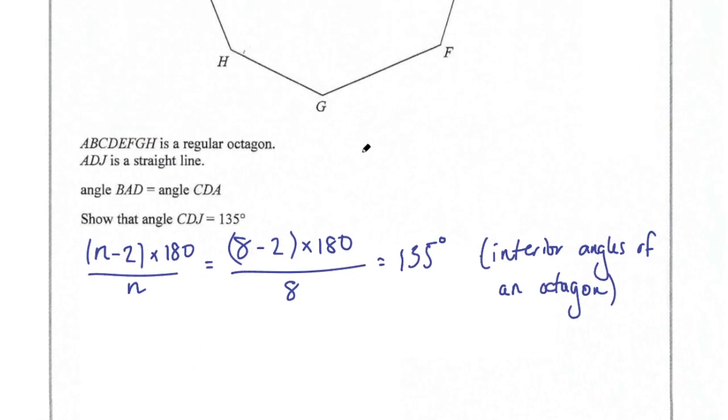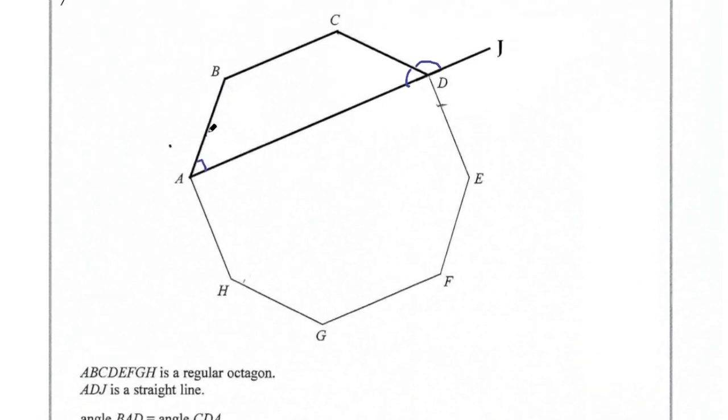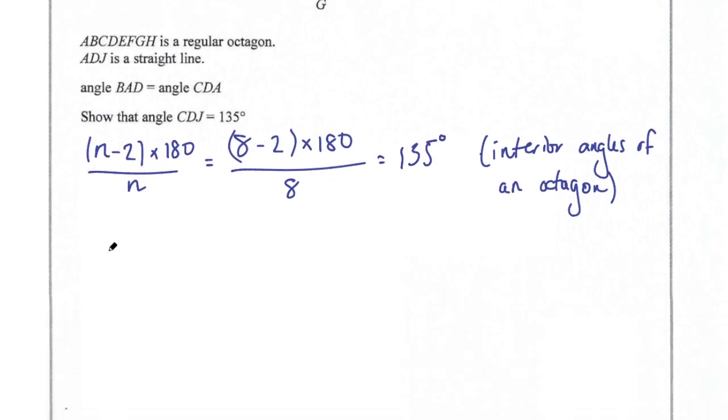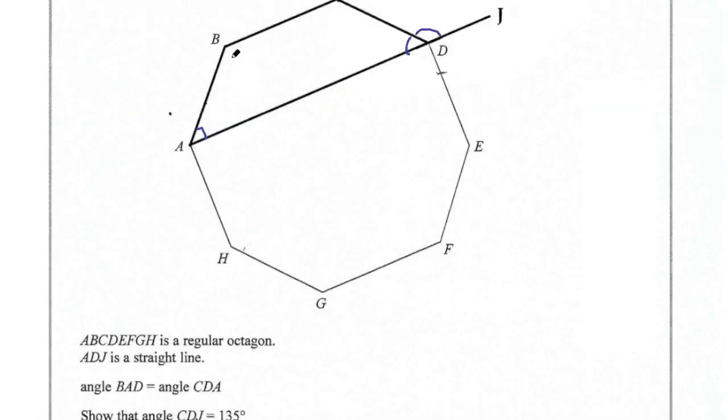And so we have what each angle in this octagon equals, and because this is a quadrilateral, we can say that the angles in A, B, C, D, this trapezium here, must equal 360. So angles in A, B, C, D equals 360 degrees.